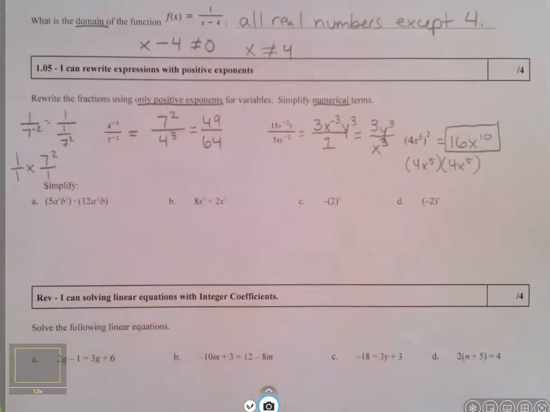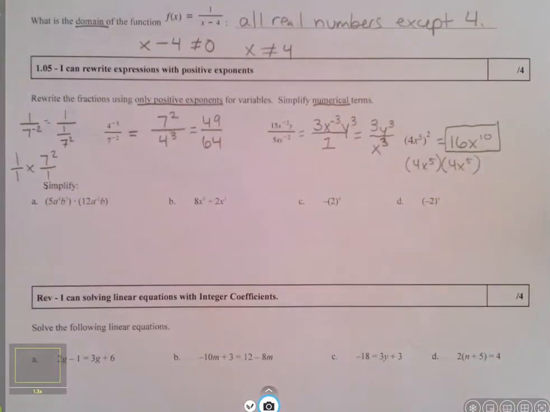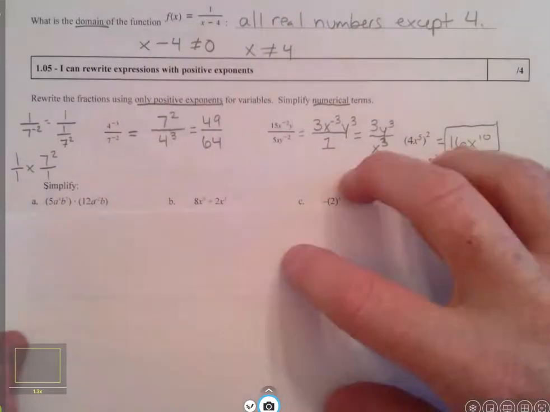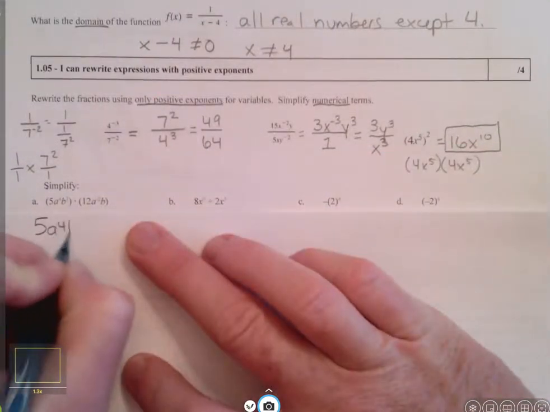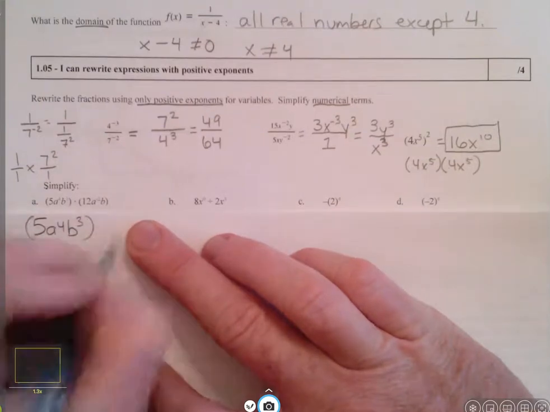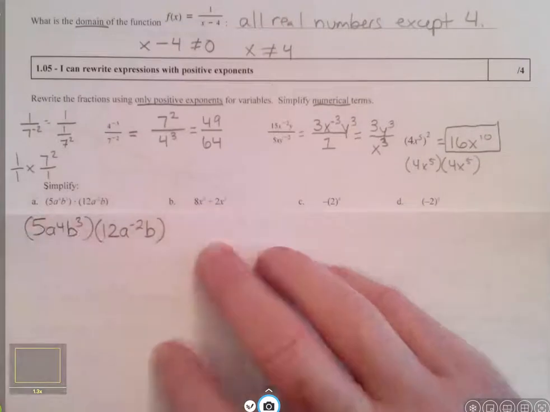Okay. All right. I know this is hard to read. This isn't very clear on the screen, so I'm gonna rewrite this problem. We have 5a to the 4th, b to the 3rd, times 12a to the negative 2 times b.